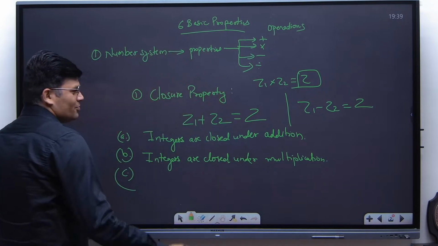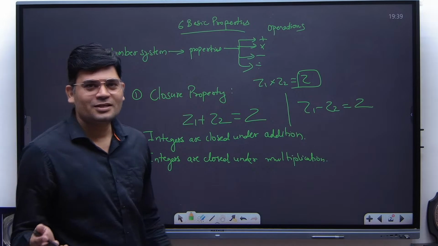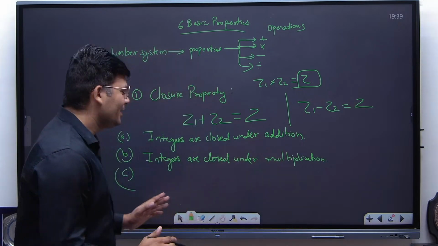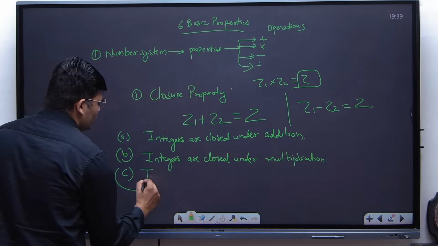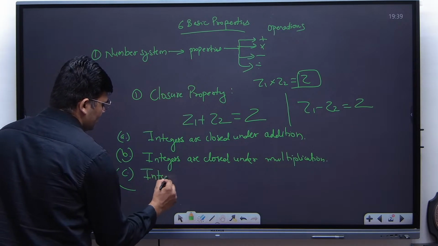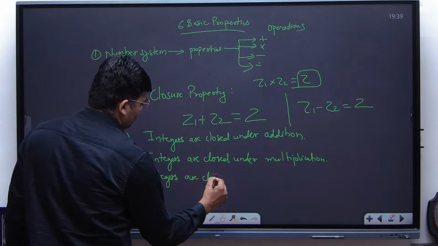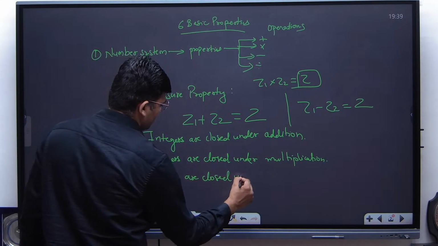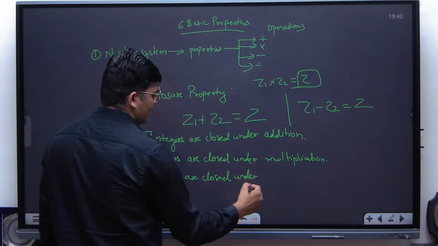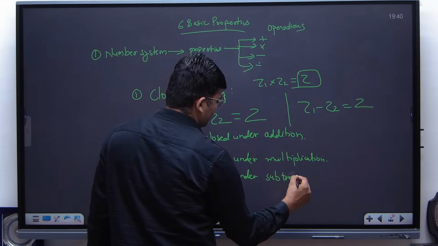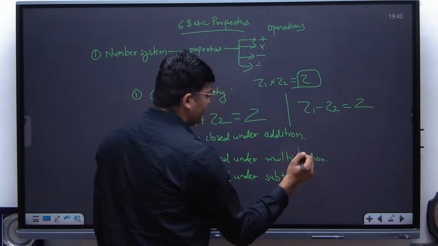Okay. Since you are agreeing to this, I am also in agreement with you. So I am writing: integers are closed under subtraction. Are you getting what a closure property is?